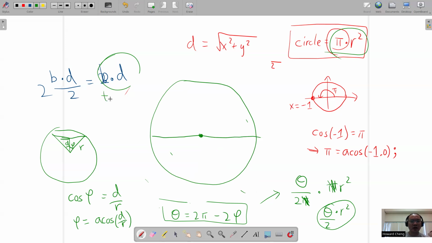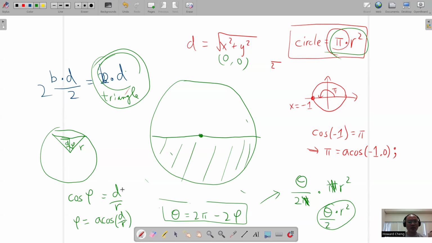So the triangle part that we have here, well, if you cut right at the center, then x and y is 0, 0. So d is 0. So the triangle part is 0, which is fine because there is no triangle part. What about this part? Does it work? Well, if d is 0, then you're taking arc cos of 0.